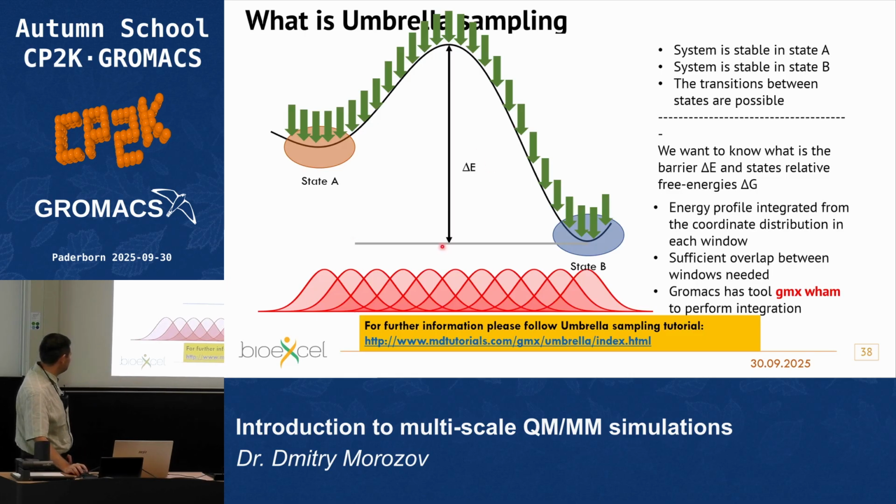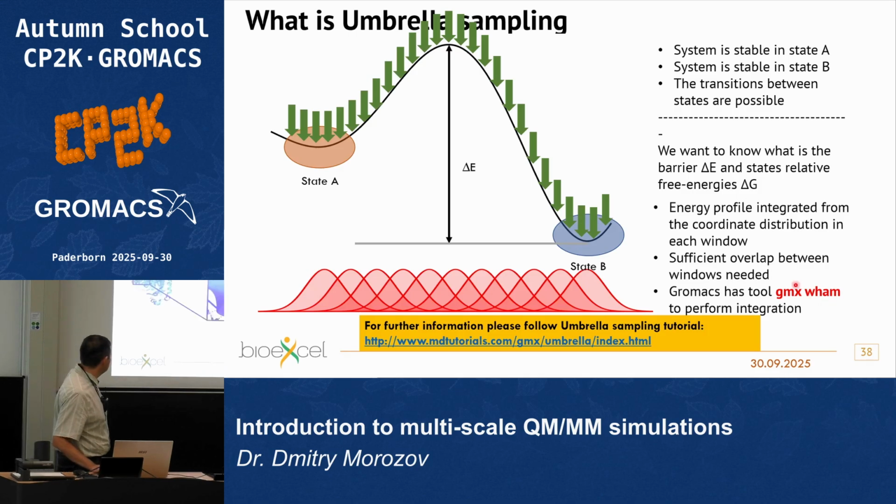They will look something like this. And there is a formal proof that from the overlap areas between these windows, you can calculate the partition function, and you can calculate the free energy difference between the final state and initial state. And in GROMACS, you can do this with the gmx wham tool.